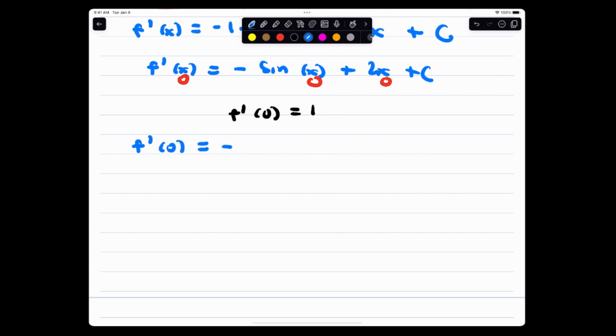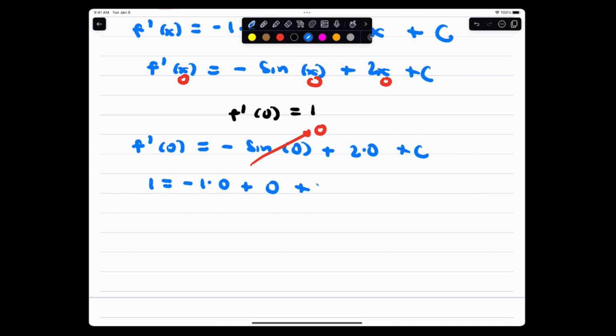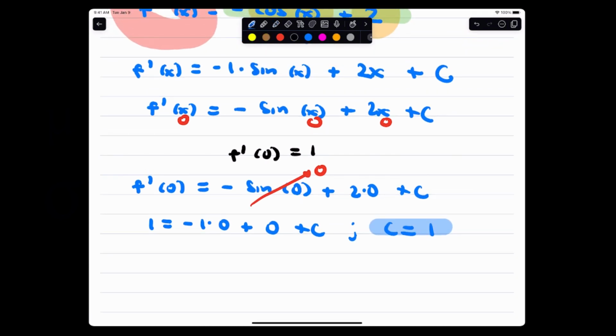F prime of 0 becomes negative sine of 0 plus 2 times 0 plus c. What's sine 0? 0. So that means 1 will be negative 1 times 0 plus 2 times 0, which is 0, plus c. That just means c is what? 1. So this constant is 1 now.